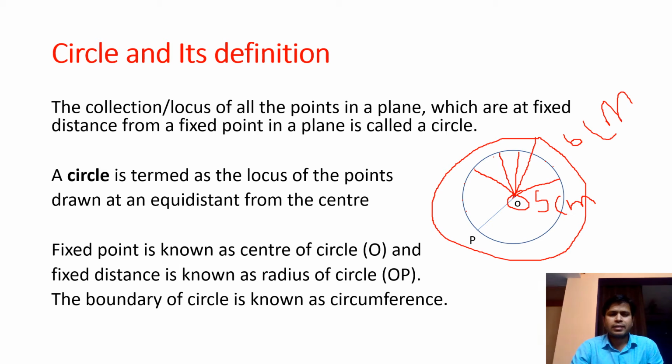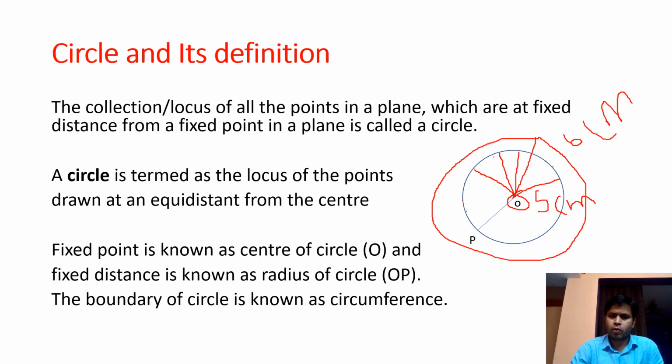So a circle is termed as the locus of points drawn at equidistance. Equi means equal. Distant means distance. If we connect all the points which are equidistant from the center of the circle, then we get a circle.